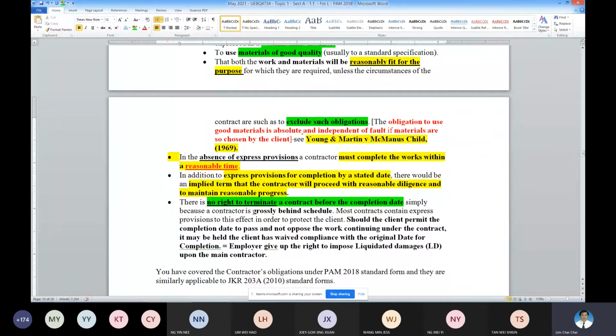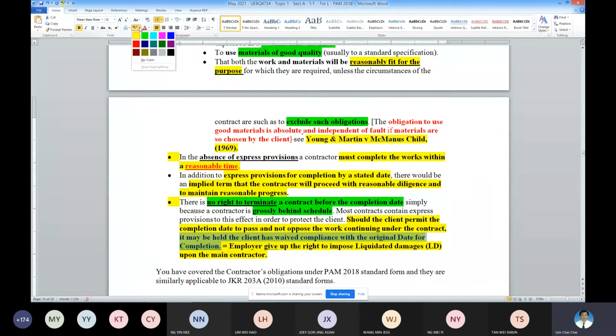If the contractor is behind schedule, then the employer will impose LD. This is the employer's weapon against the contractor. Should the client permit the completion date to pass and not oppose the continuing of the work under the contract, then the client may be held to have waived the LD imposition.